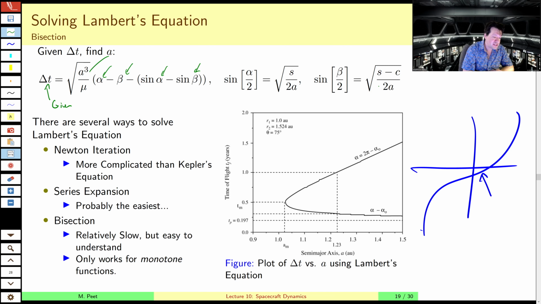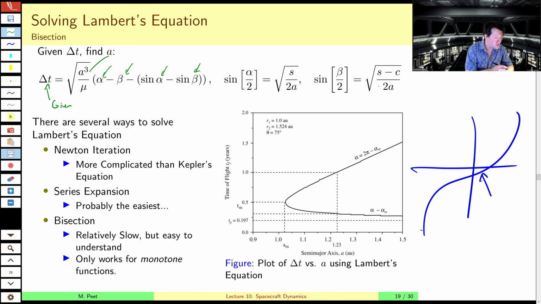Now, I'm not going to say that it's impossible to apply Newton's method to Lambert's equation, because I've seen some recent papers which do that. However, I'm skeptical that it's going to work very well in many cases, and we're not going to really cover it.